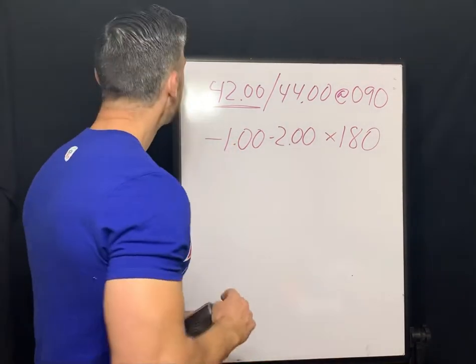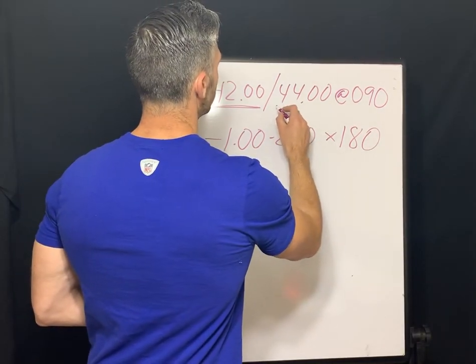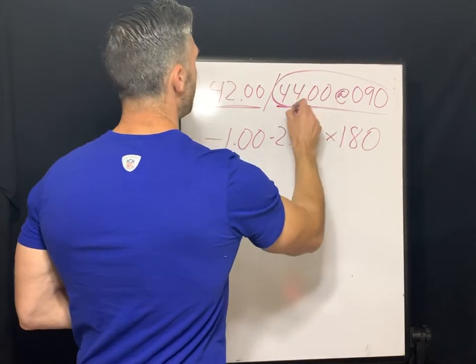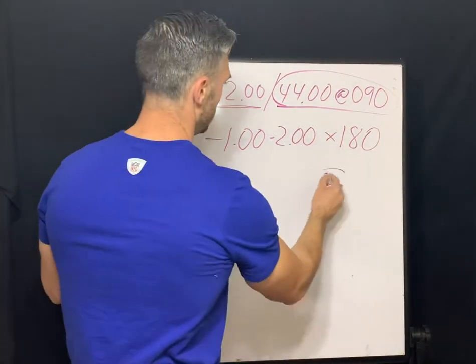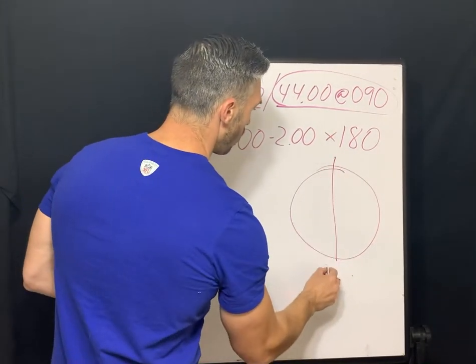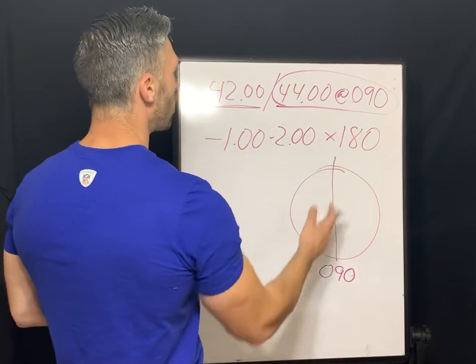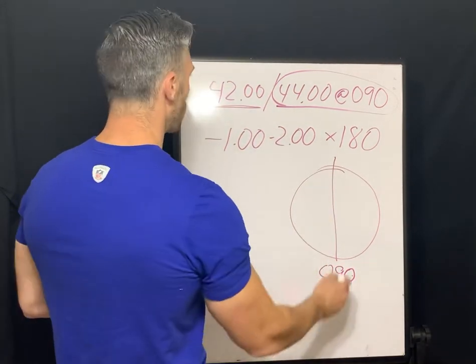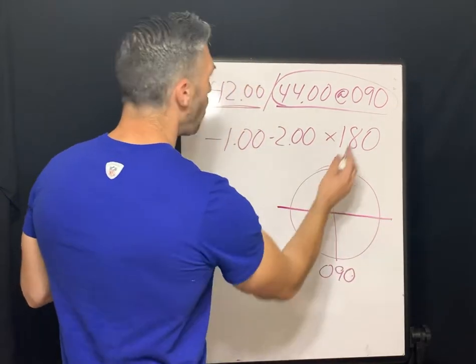So remember that. 44 is our steeper K, and it's showing at 44 at 90. So on our cornea, that's the 90 degree or vertical meridian. That's our 44 base curve on that meridian, where it has a 42 K reading along the 180.